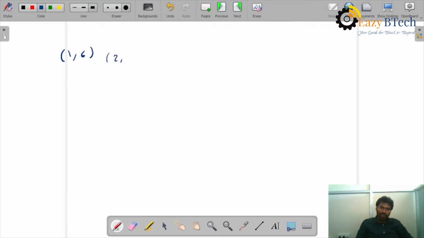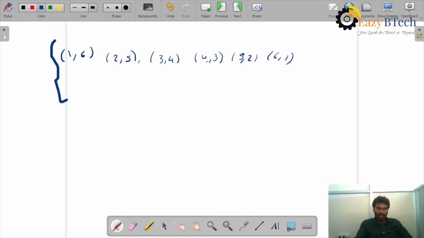You can have 2 on the first die, 5 on the second die, 3 4, 4 3, 5 2 and 6 1. So these are the different favorable outcomes that belong to an event A.